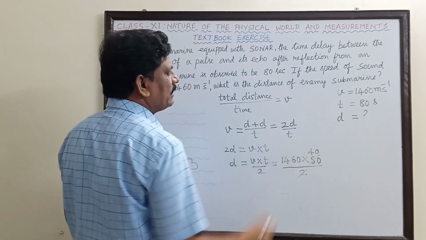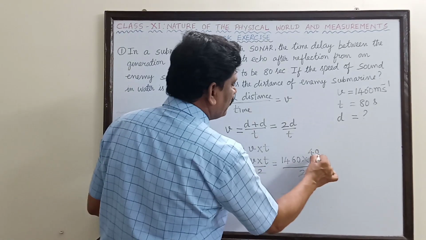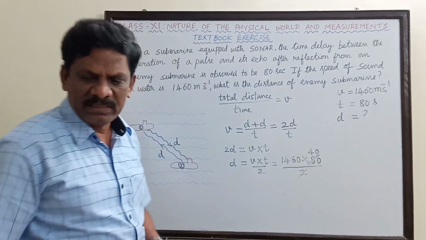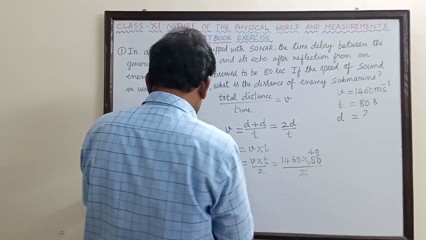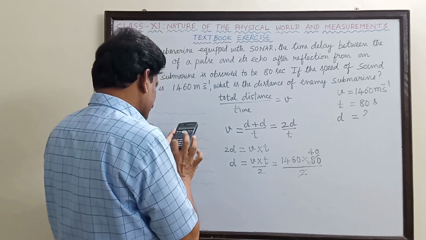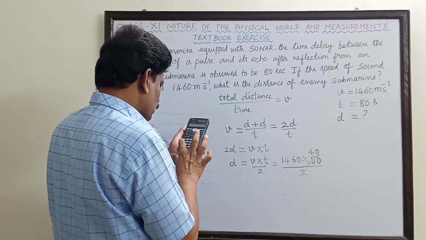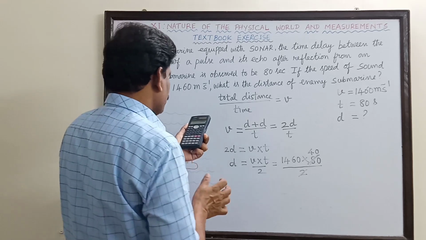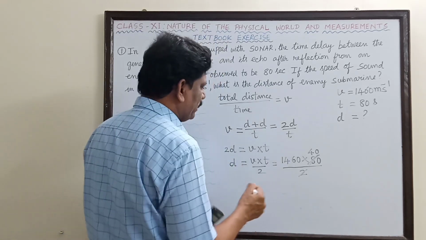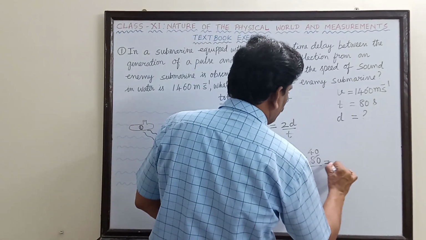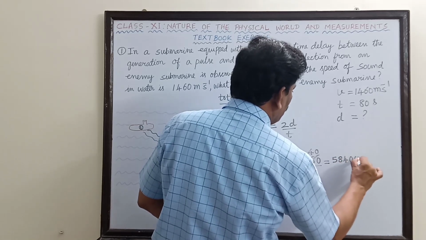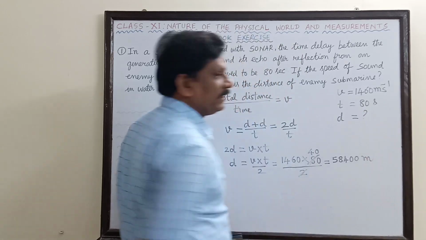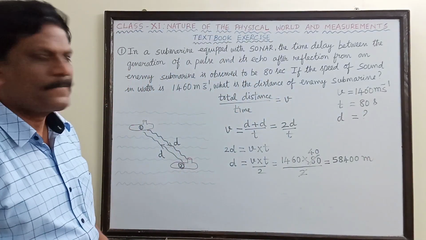So 1460 into 40. I will find out by using the calculator. 1460 into 40 is equal to 58400. So this is equal to 58400 meter. This is the answer.